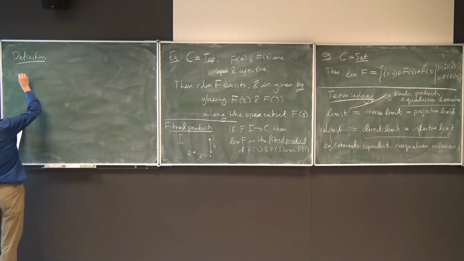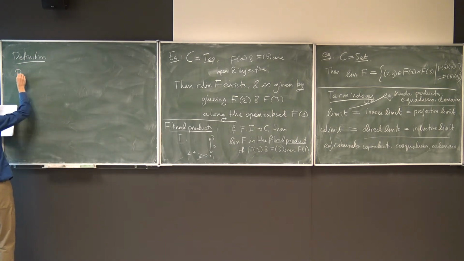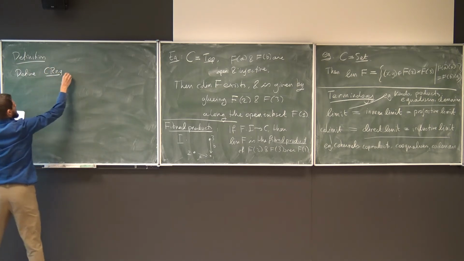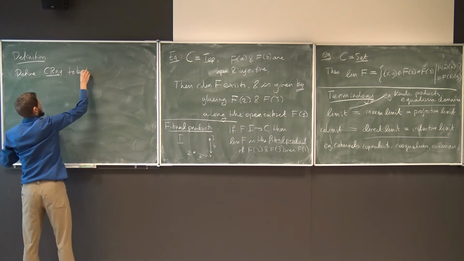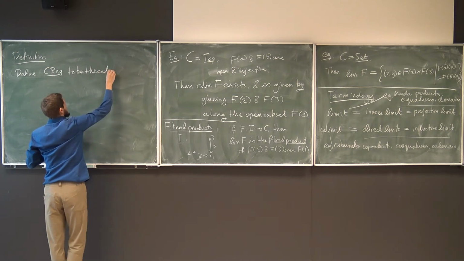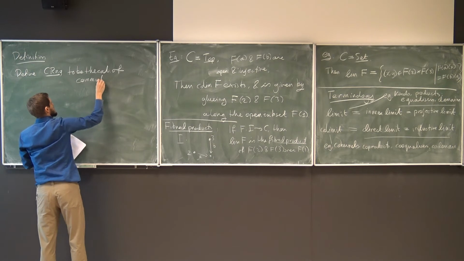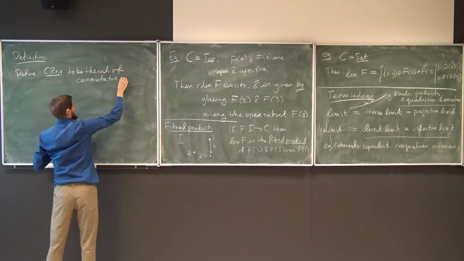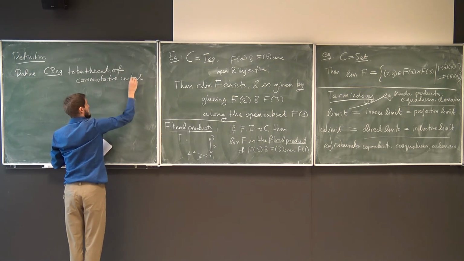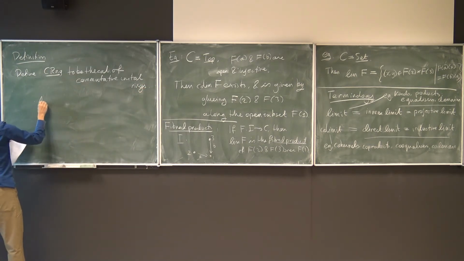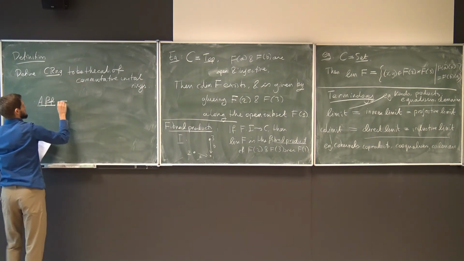Definition: define C ring to be the category of commutative unital rings. Define affine schemes to be C ring op.